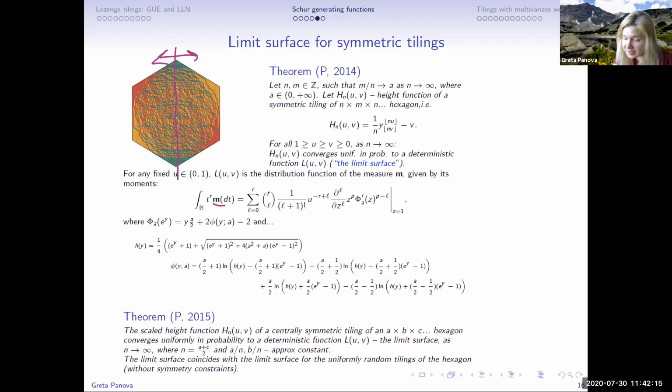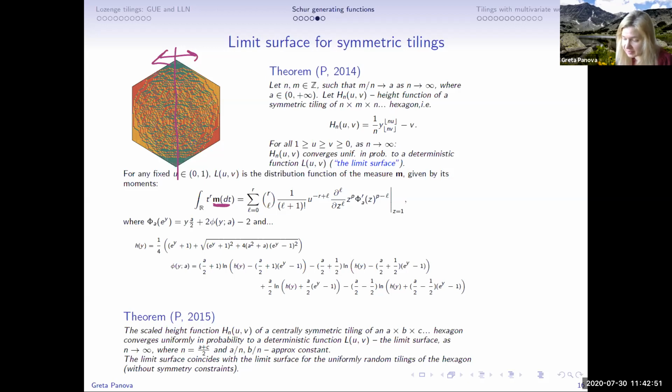We have this deterministic measure m, and we can compute the moments corresponding to this deterministic measure using whatever came out of the limits that I was showing earlier, which in this case is this awful function. But if you really want to get dirty, you can maybe extract the formula for the limit shape as an actual surface.